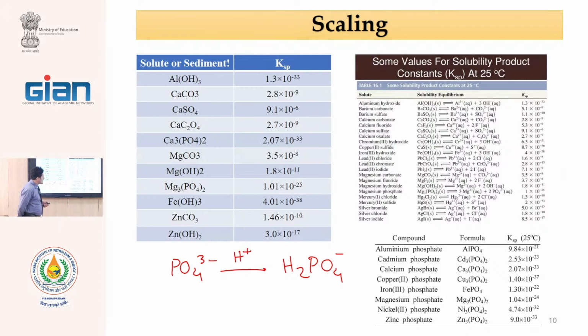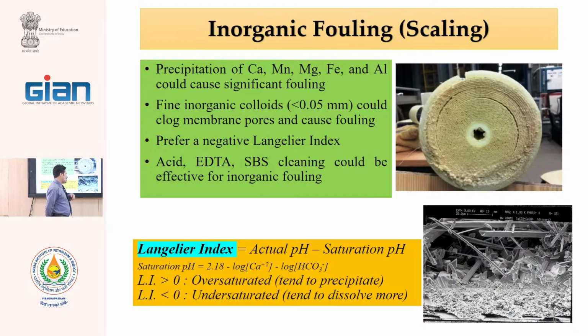Therefore, the Ksp is changed. With the addition of acid, we can change carbonate to bicarbonate, and sulfate can be changed to bisulfate and others. Therefore, we control the pH for reducing inorganic sedimentation.